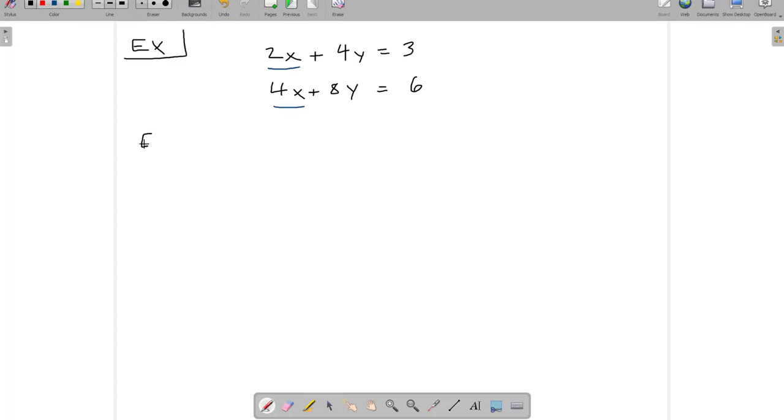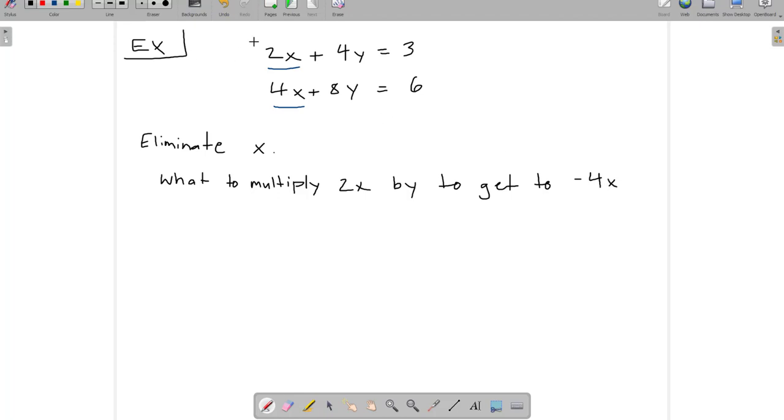So eliminate x. That means I need to figure out what I need to multiply 2x by to get to negative 4x, because I want these coefficients to match and be opposite sign.